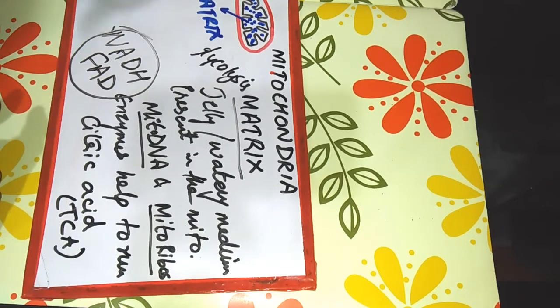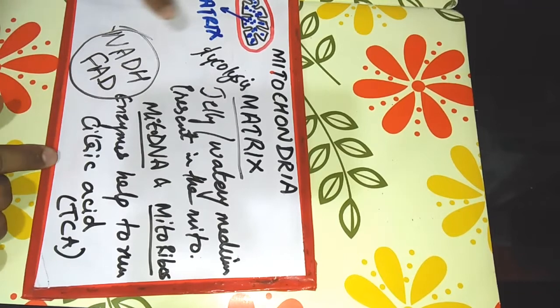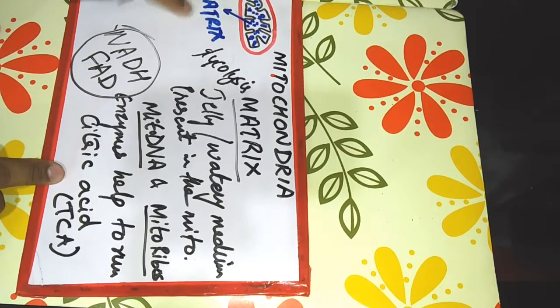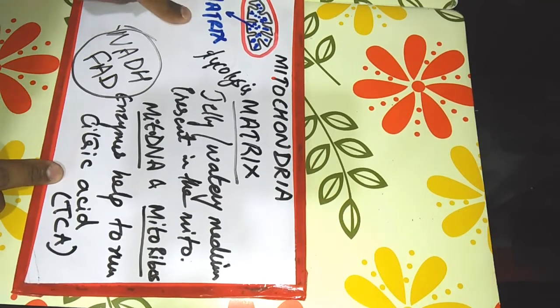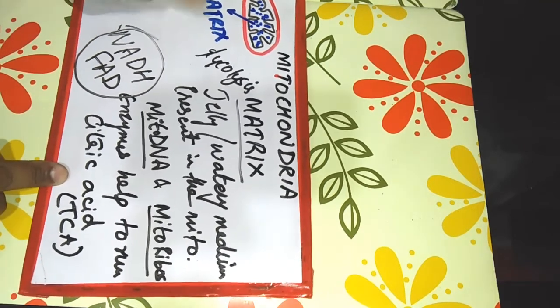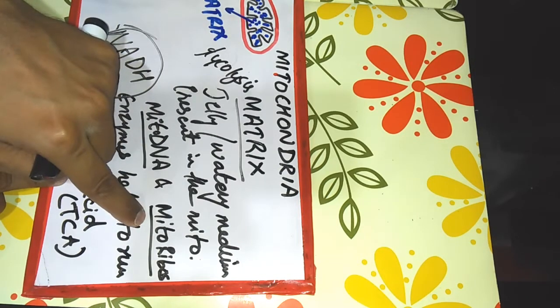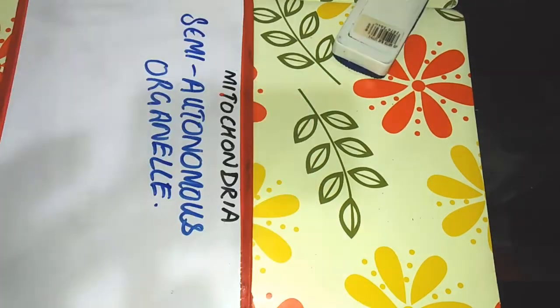After that, energy generation occurs. That's why mitochondria is often called the powerhouse of the cell. So the matrix has enzymes for the citric acid cycle. The matrix has oxygen, water content, carbon dioxide content, as well as mitochondrial DNA and mitochondrial ribosomes.